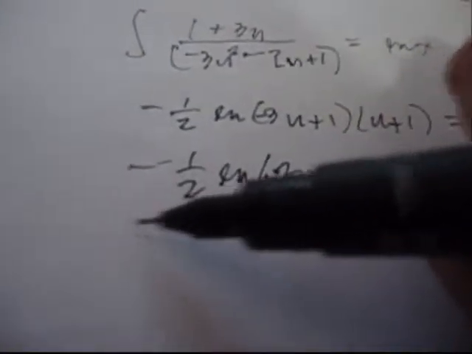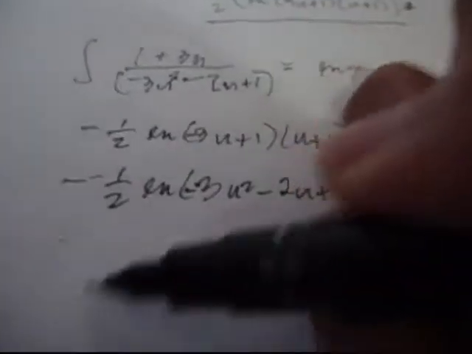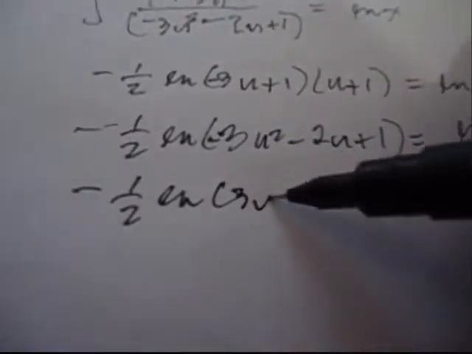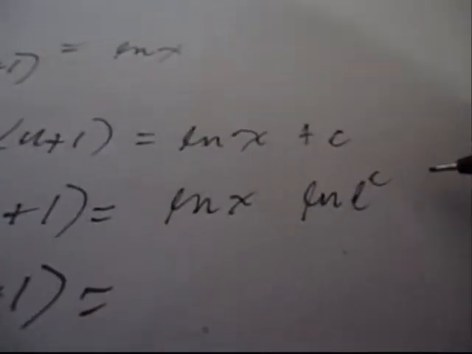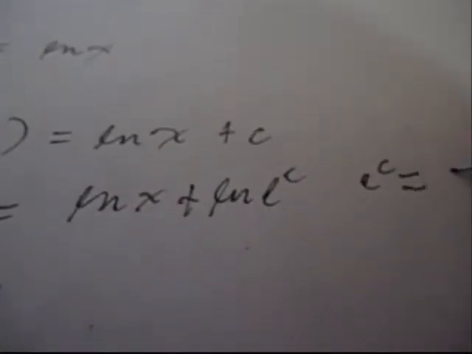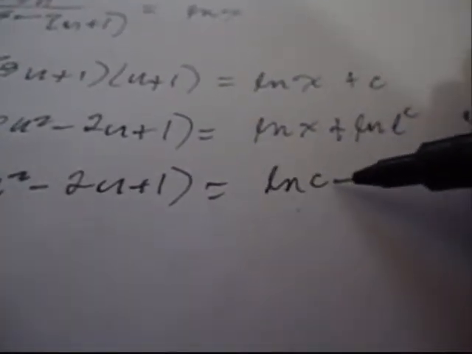We can now simplify this further. We will let e to the c equal c1, so we will have ln c1 x.